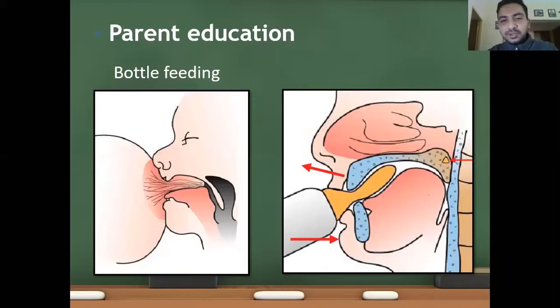So we should encourage mothers or parents to go for breastfeeding because we need a proper palate for a proper dental arch. So you just have to educate parents regarding two things: one, cleaning the oral cavity, and two, breastfeeding. That is a part of parent education, because these simple looking things can prevent malocclusion in future.